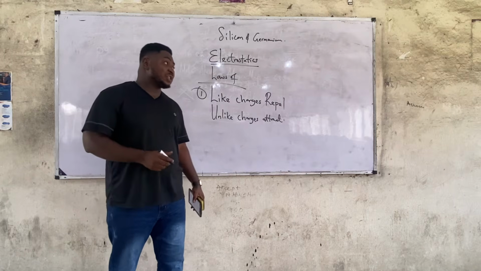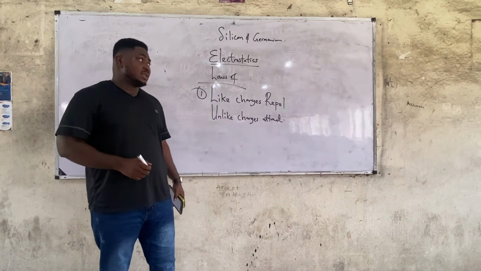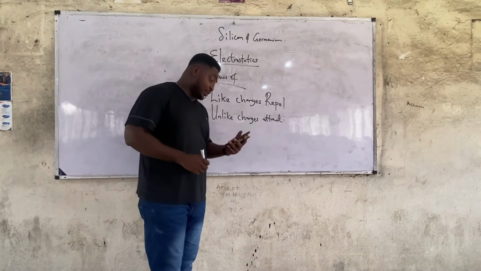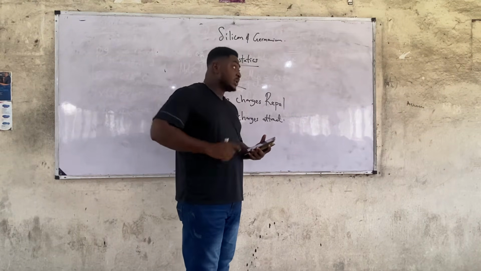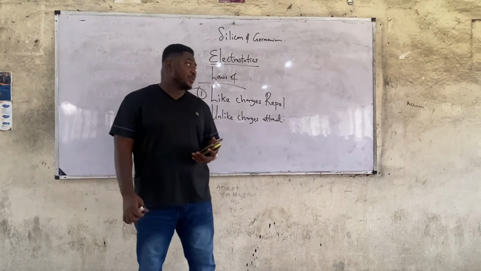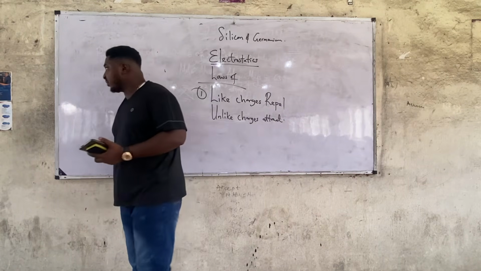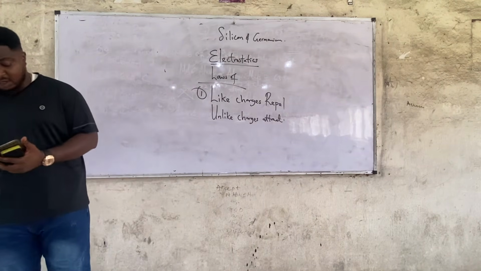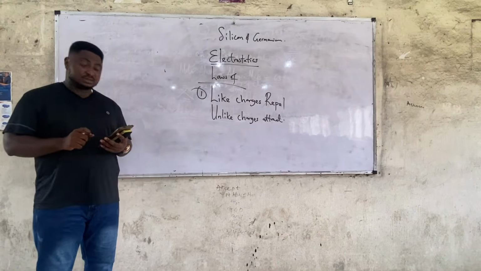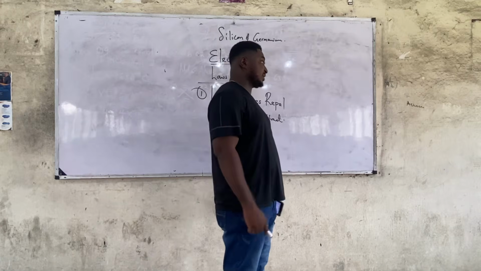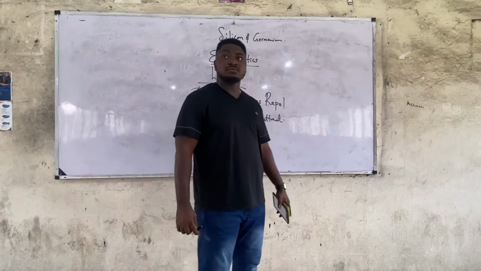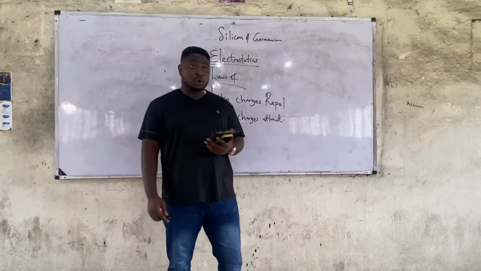The net amount of charge produced in any process is zero. It is known as the law of conservation of charges. Class, quickly, we'll go to Coulomb's law.